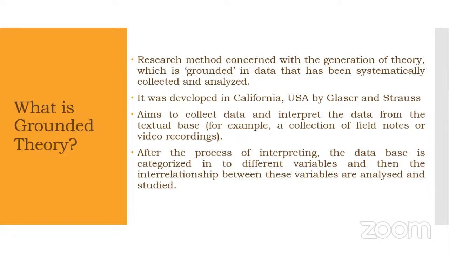After the process of interpreting, the data is categorized into different variables, and then the interrelationship between these variables is analyzed and studied. That's how grounded theory is done in a nutshell. Of course, there are many different intermediate steps that we need to follow if we are trying to do grounded theory research.